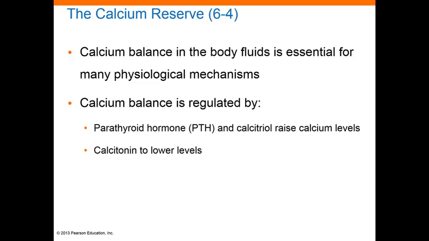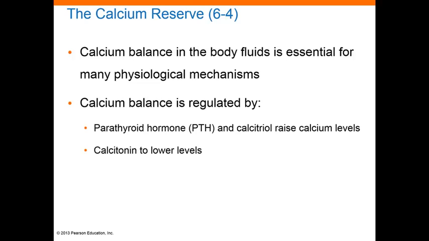The skeleton is the most important reserve for calcium ions, which is absolutely necessary for the proper function of many systems, but especially the muscular and the neural systems. The calcium balance in the body fluids is regulated by parathyroid hormone, PTH, and calcitriol, which comes from the kidneys, if you recall.